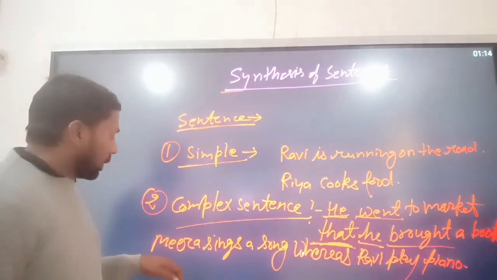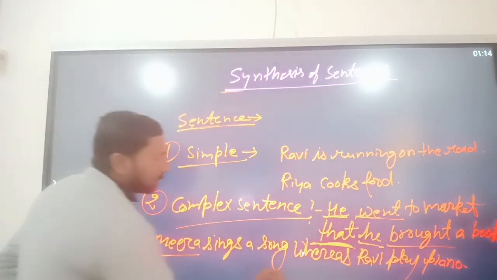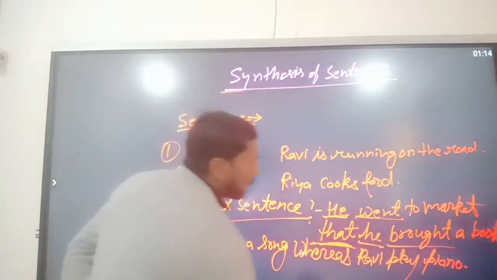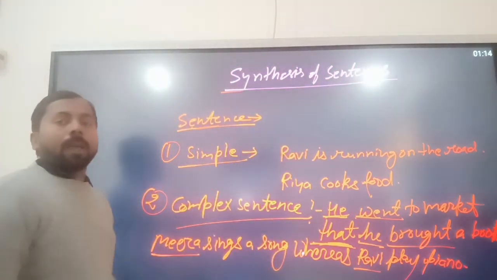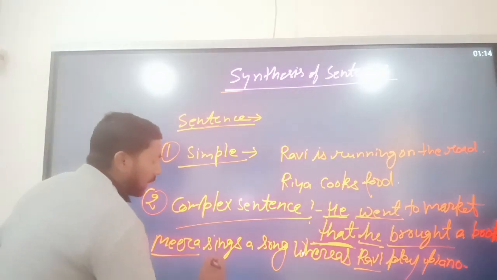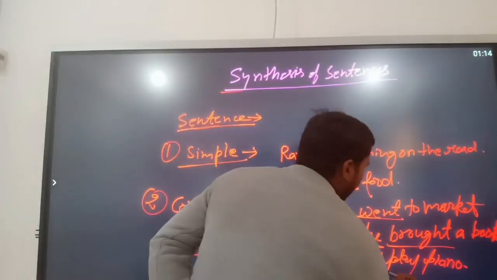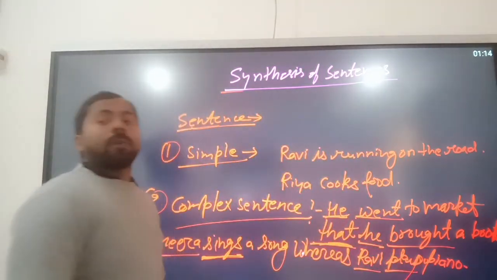In this sentence, you can see there are two subjects. One is Meera and second is Ravi. And each has a finite verb. In the first clause the finite verb is sings and in the second it is play. Play is a finite verb.